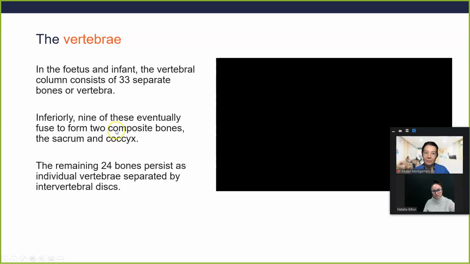So when you get older, these vertebrae start fusing down the bottom and they make your sacrum and coccyx. Is that how you say it? Coccyx. Yeah, so just be mindful of that, that an infant's bones are still fusing together.